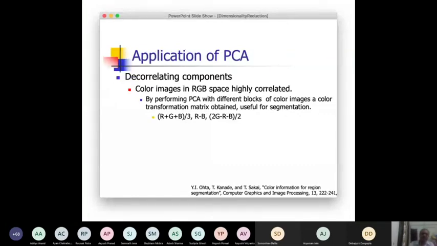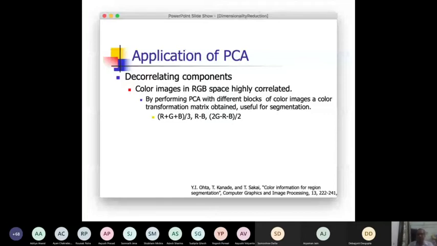If you perform PCA, that means you consider a class of color images and then compute the corresponding covariance matrix with respect to these three-dimensional vectors. All the color points you should consider, compute the covariance matrix. And then if you perform the principal component analysis, you will get eigenvectors. One such analysis is in a paper at the bottom right, which I just refer to.